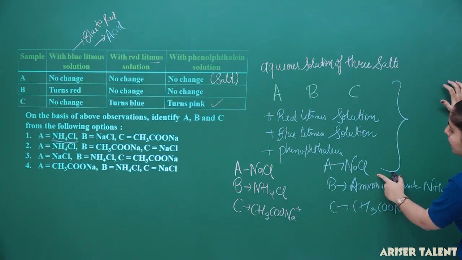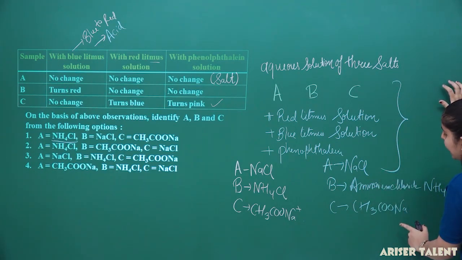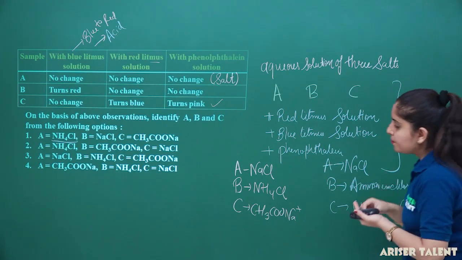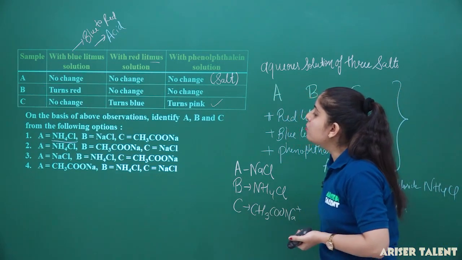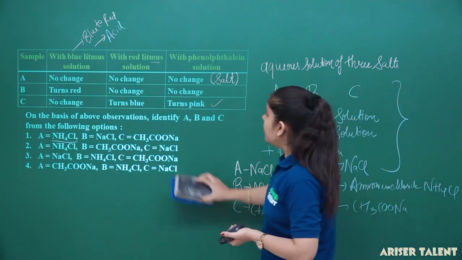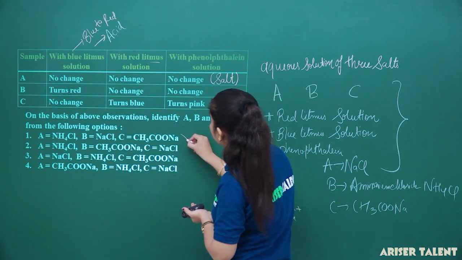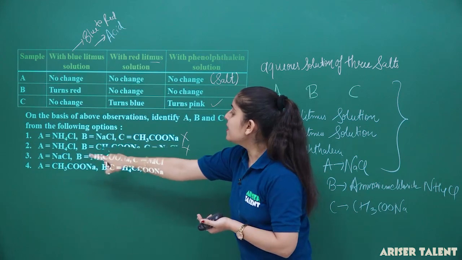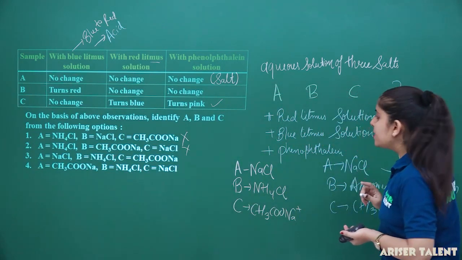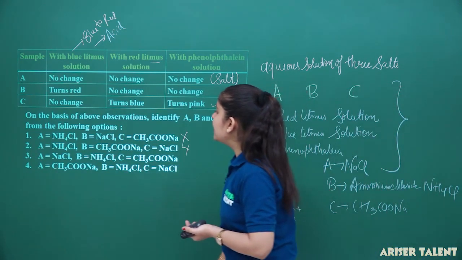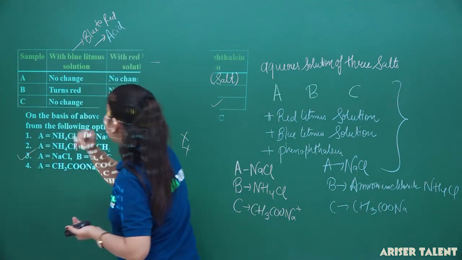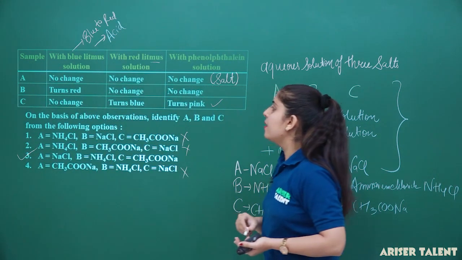A will be the salt, B will be ammonium chloride and C will be our acetate. Option 1 says A is NH4Cl, and option 2 says A is again NH4Cl, so options 1 and 2 are incorrect. A is NaCl, B is NH4Cl and C is CH3COONa. So option number 3 will be the correct answer here.